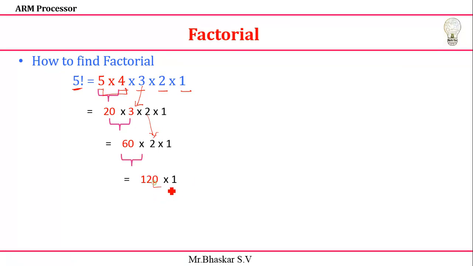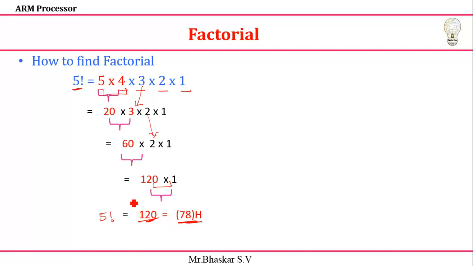Next, 120 into 1, I'll get 120. So the final 120 is the 5 factorial value. In hexadecimal, we represent it as 78H. Once you find 78H, this is my result.